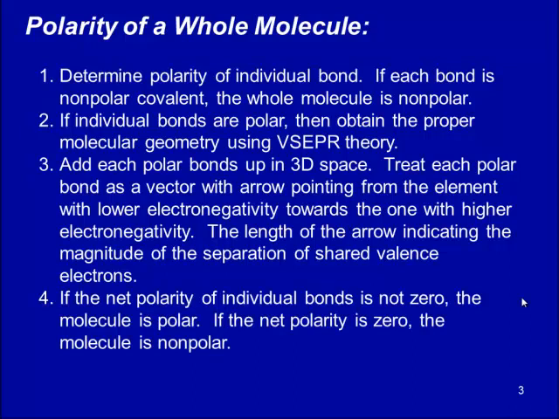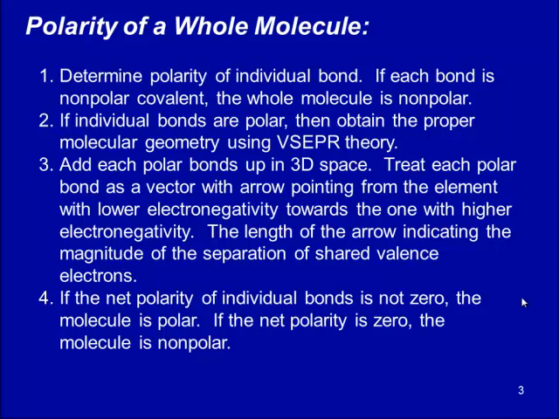So then you have to add them up in three-dimensional space. If the net polarity, meaning you add up all those polar bonds, is not zero, then the whole molecule is polar. It means the molecule has an uneven distribution of valence electrons. On one end, you'll have more of the valence electrons, so it's slightly negative.